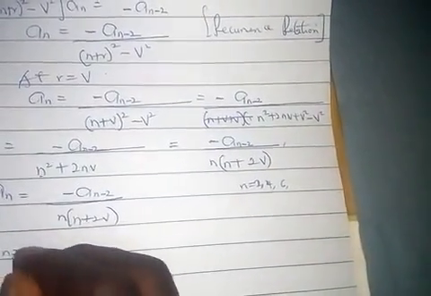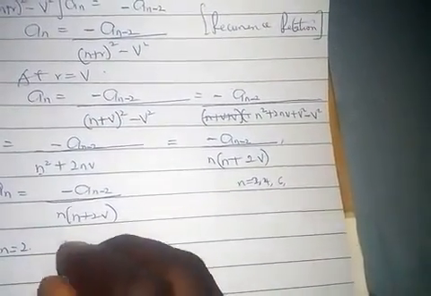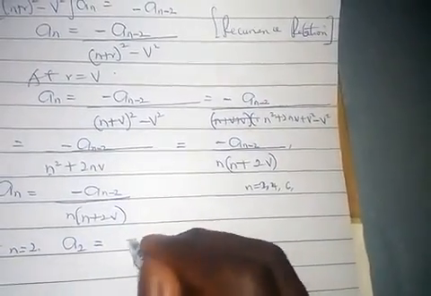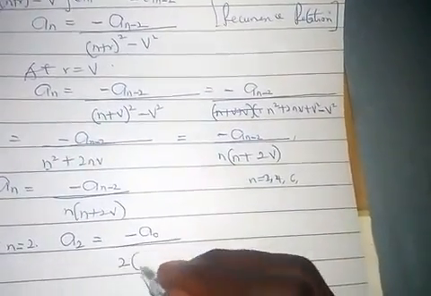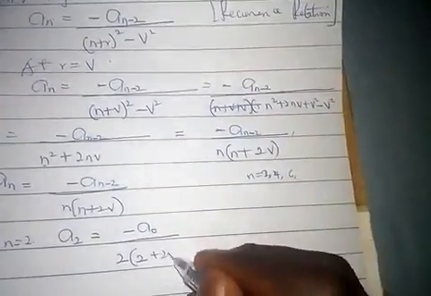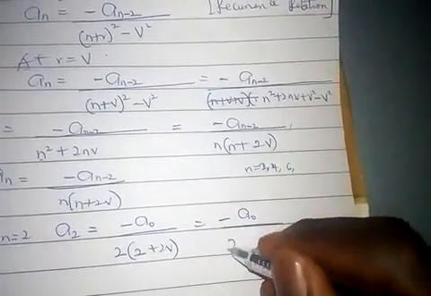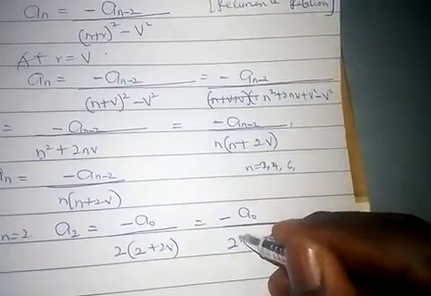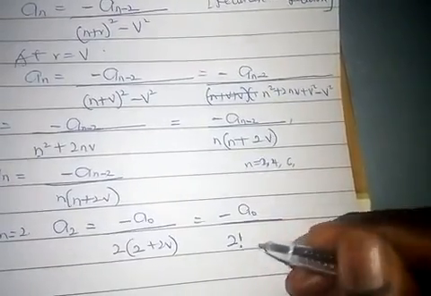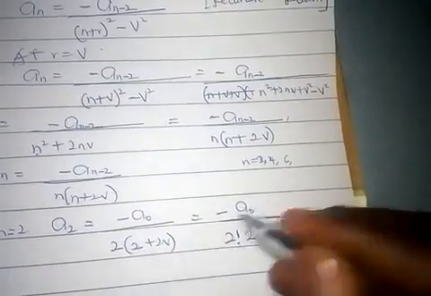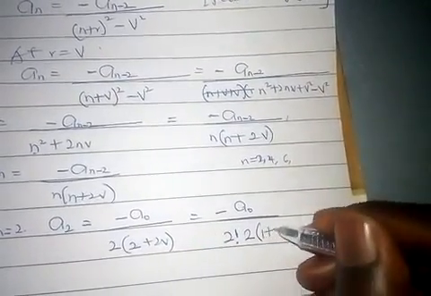So at n equals 2, we have a_2 equals minus a_0 over 2(2 + 2v), which is minus a_0 all over 2. So let's call this one 2 factorial, factor 2 out, so it will remain 1 plus v.